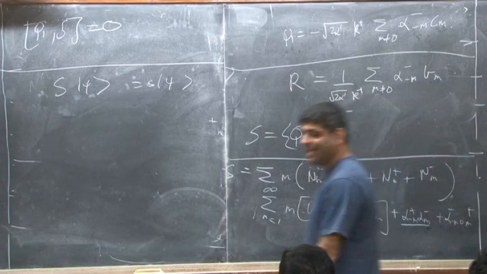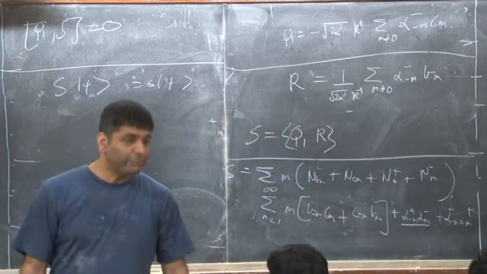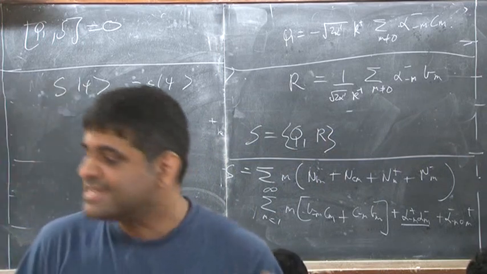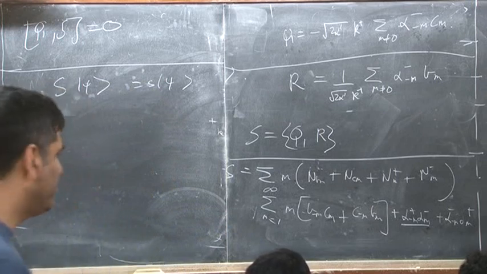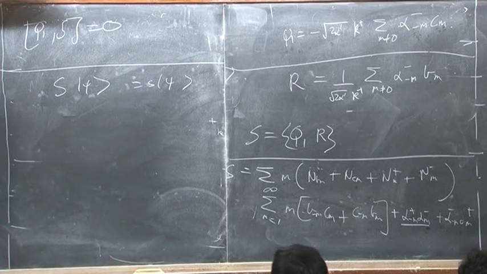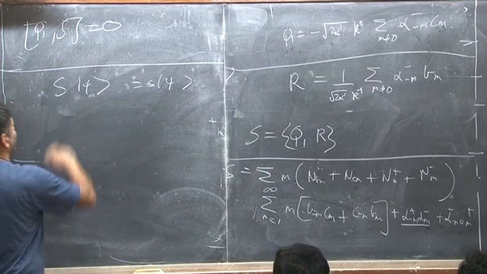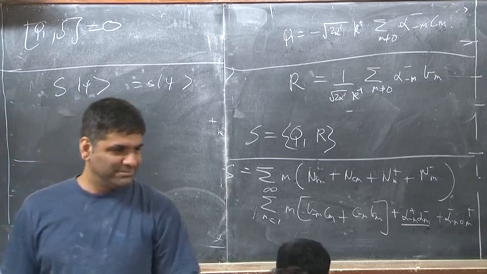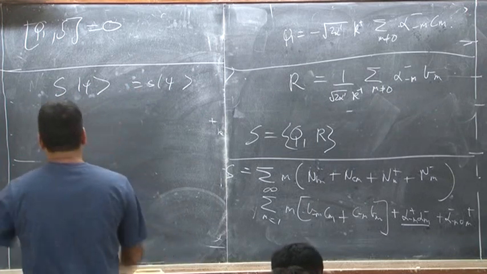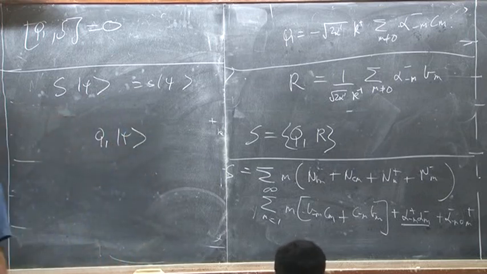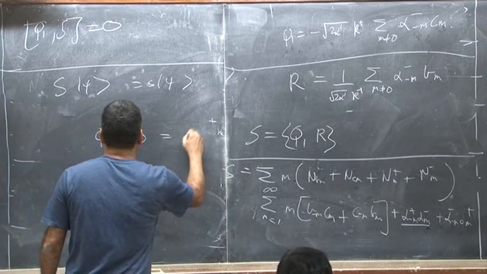So first let's compute the cohomology of Q1 in the eigenspace with S not equal to 0, no matter what it is, some s. Suppose we have some psi such that S on psi is equal to s times psi, and Q1 on psi is equal to 0.